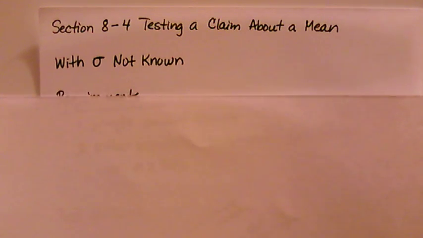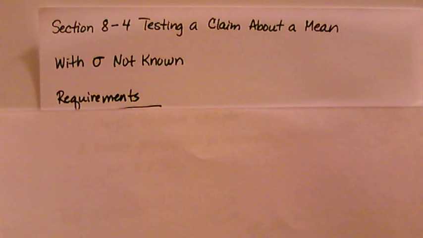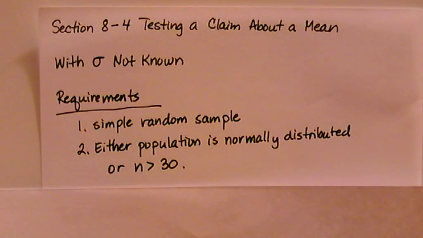Okay, so here we got a couple of requirements that we need to mention. In this case, for you to test a claim about a mean, you must have a simple random sample. And what that means is this: each sample of size n has an equal chance of being selected.